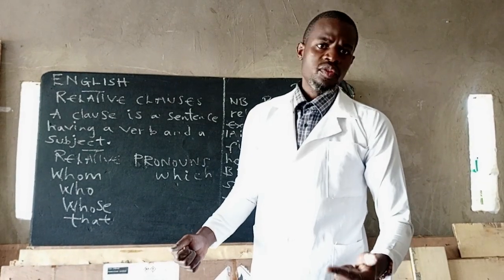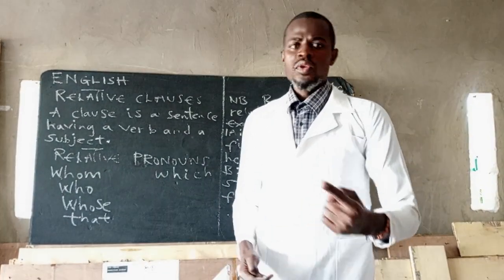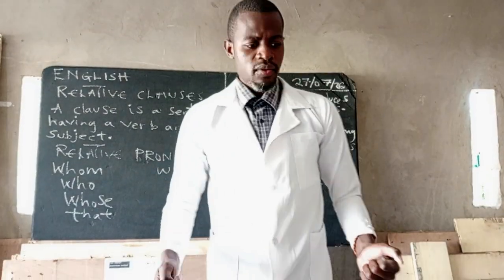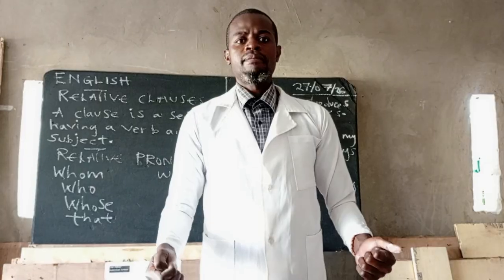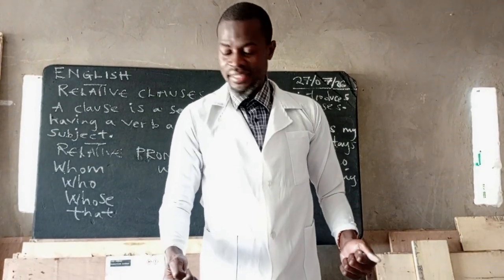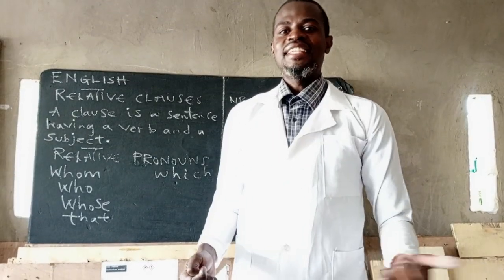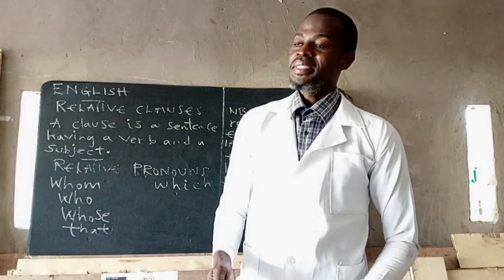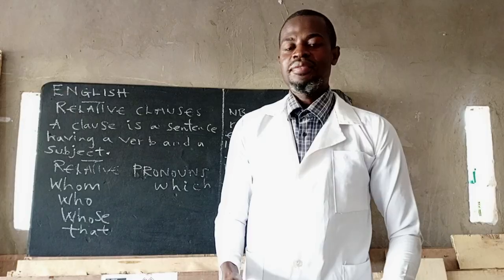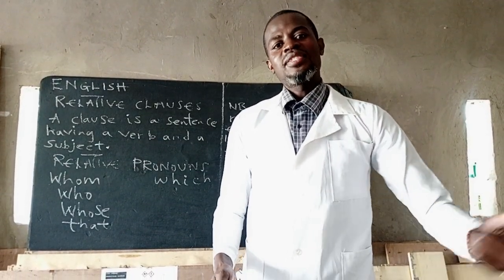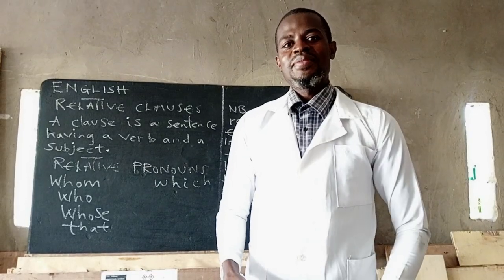I'll leave you with food for thought as usual, as you watch out for the next video. So food for thought goes like this: Mr. Mark is a genius, full stop. He was at UNZA, full stop.